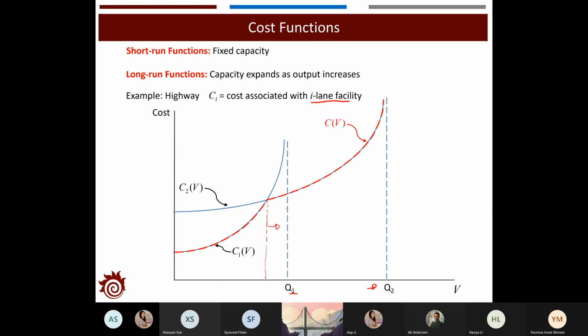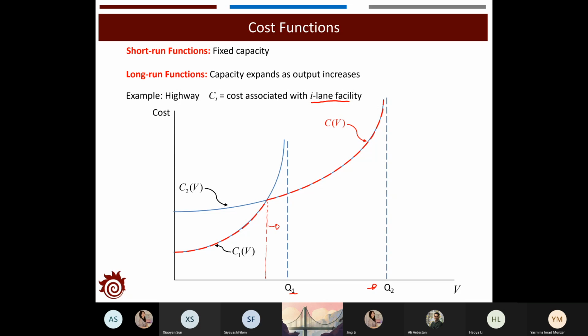After this region, the 2 lane road will give you a smaller cost, and your actual cost is determined by the 2 lane road. So that's the case for the changing capacity, or the changing cost function, for the long run situations.